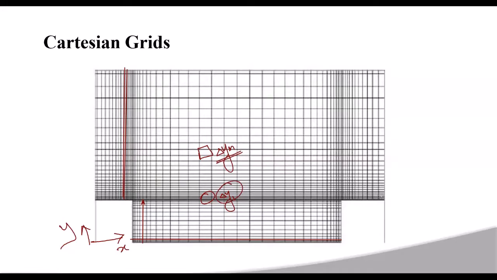That means the growth has been increasing like this, where the spacing is increased along this line. My interest or importance is given only at the solid boundaries. Where I have a solid boundary, the spacing is smaller, so that more cells are fitted there. Where my domain is open, the spacing I have increased.